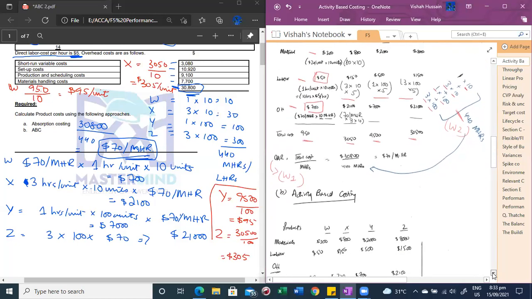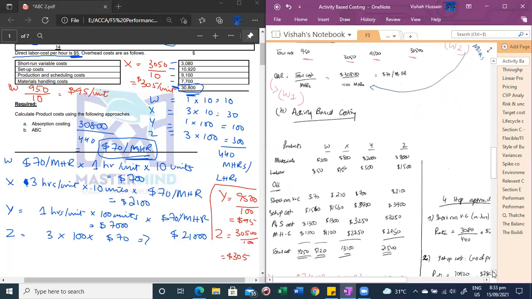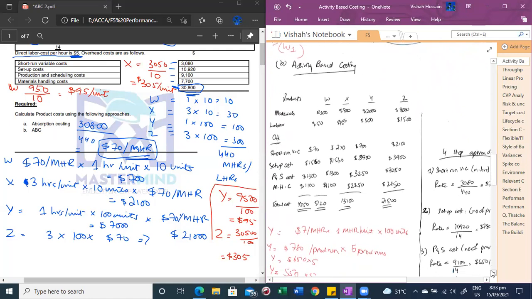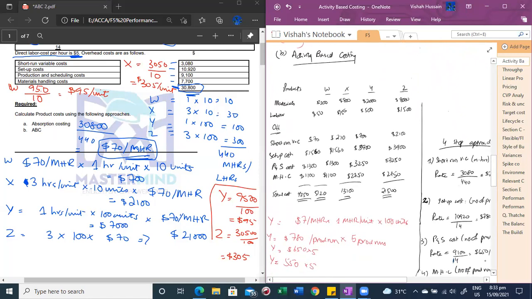Now in ABC, I've told you that materials and labor will be computed in the same manner as done previously. There is no change. So just copy the answers of material and labor as it is.